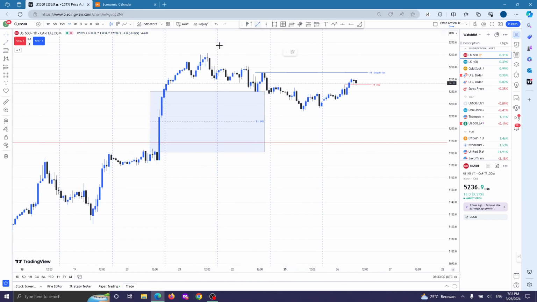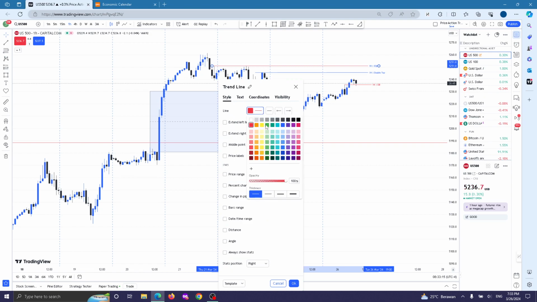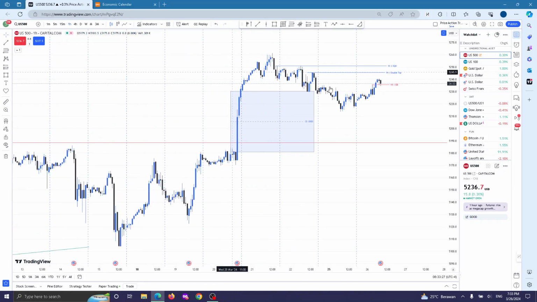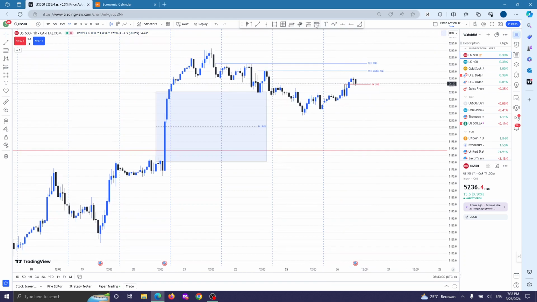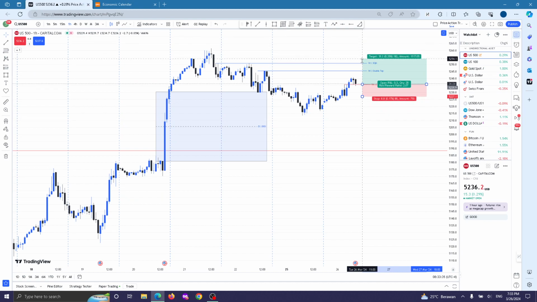On ES, we have multiple liquidity. This one here as well. This should hold price. Gap fills.